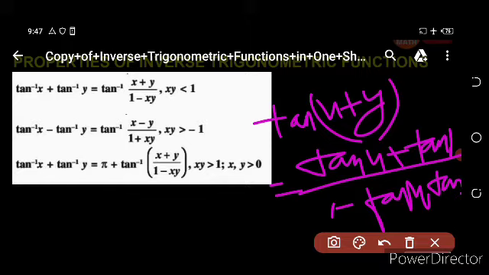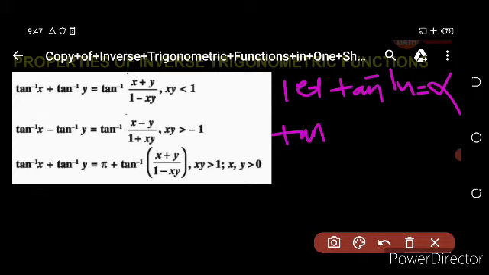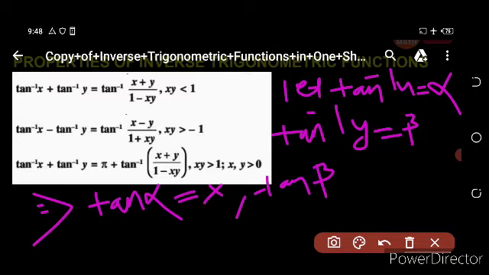So alpha plus beta is equal to, let tan inverse x is equal to alpha and tan inverse y is equal to beta. This implies tan alpha is equal to x, tan beta is equal to y.